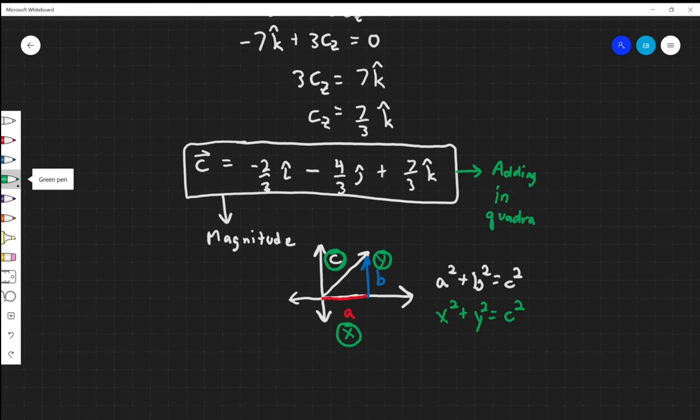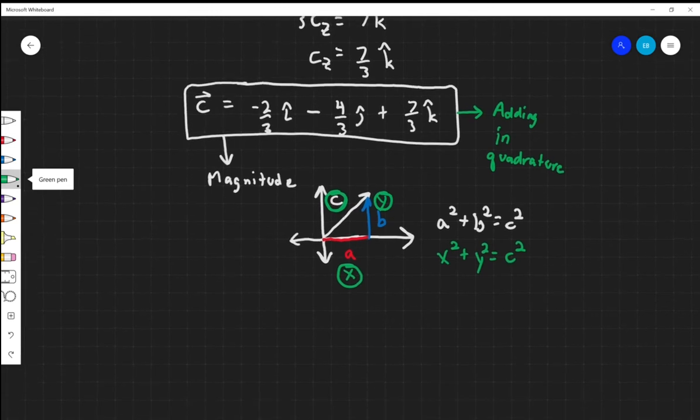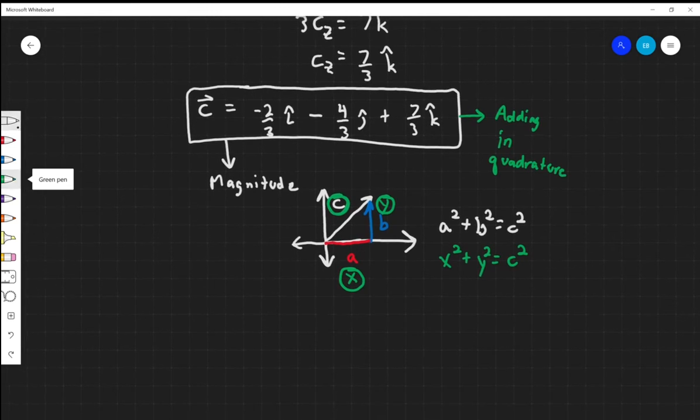So if I want to know the magnitude of this vector, I take each little piece of it and I square it. So let's see what that looks like. C, the magnitude, and typically when we write little bars surrounding a letter, that means we want to find the magnitude. It's going to be equal to the square root of each of these pieces squared.